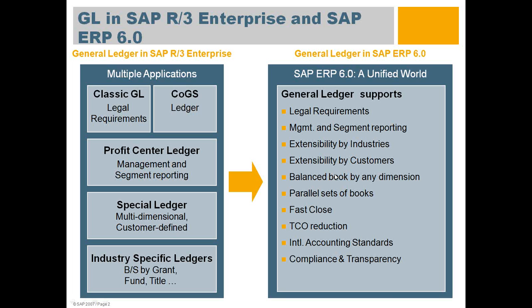So New GL supports both GAAP and IFRS reporting requirements. It also supports both management as well as segment reporting. It is extendable by company, by customer, and it provides a fast close, and also international accounting standards, and improves the overall compliance and transparency.